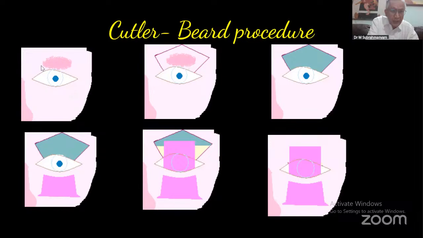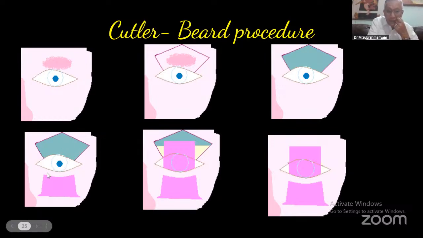Cutler-Beard's procedure is for the upper lid, where after you have excised the tumor, leaving a huge coloboma, more than 2/3 in this case. In the original Cutler-Beard's method, what he describes is make an incision 4 millimeters and parallel to the lid margin, then make vertical cuts and mobilize the entire skin to conjunctiva under this flap.